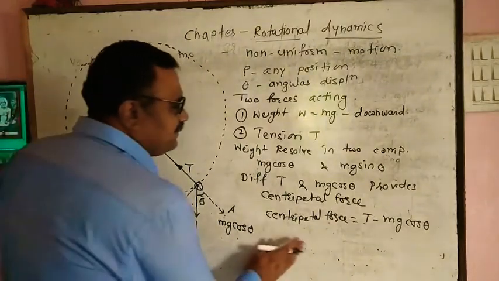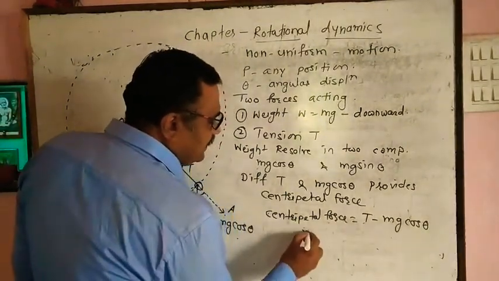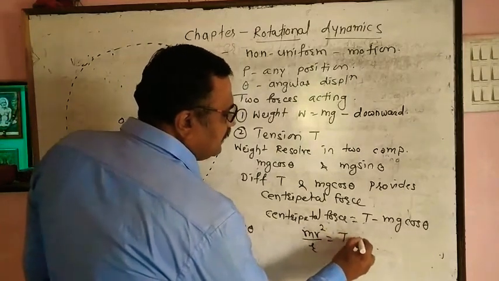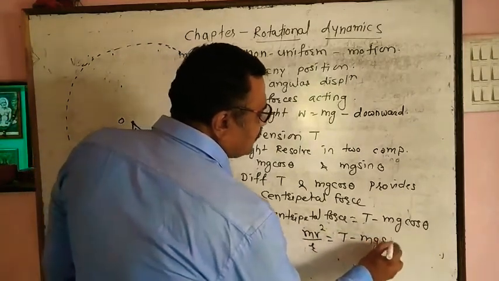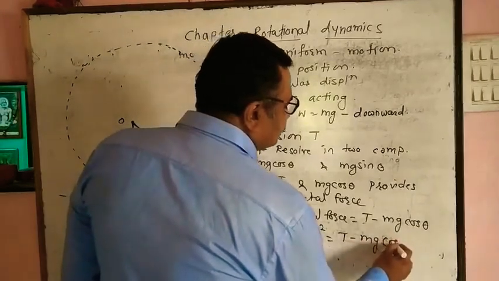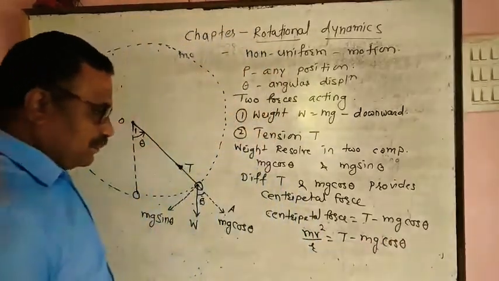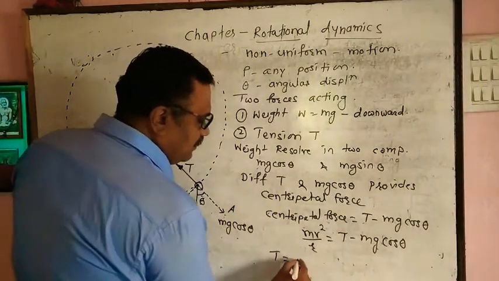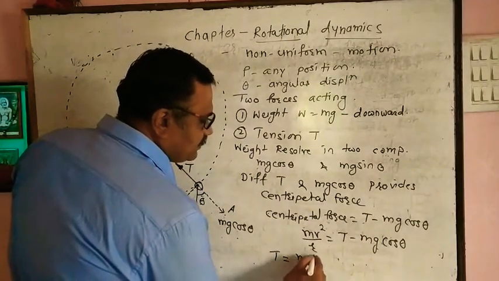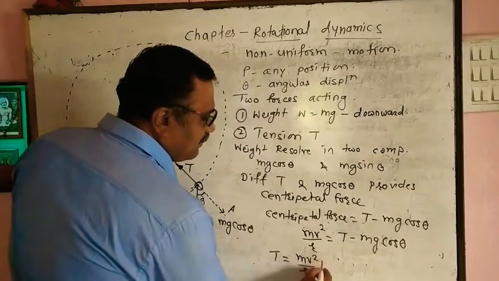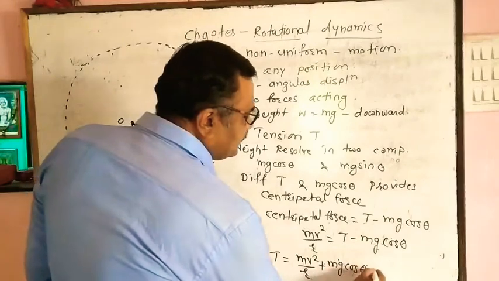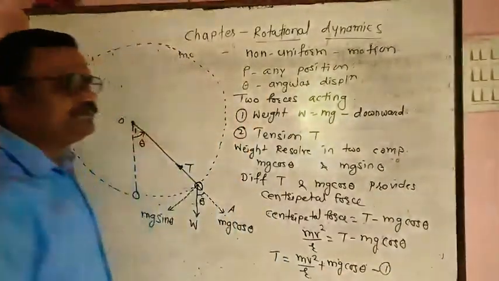We know centripetal force is given by the equation mv square upon r. Therefore T minus mg cos of theta equals mv square upon r. From this we can say T is equal to mv square upon r plus mg cos of theta, and this is equation number 1.